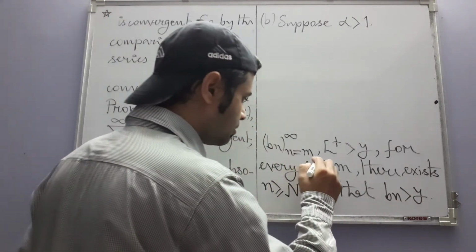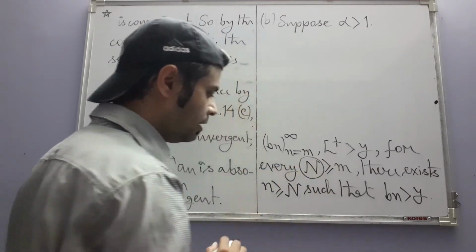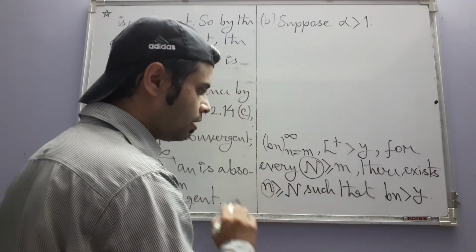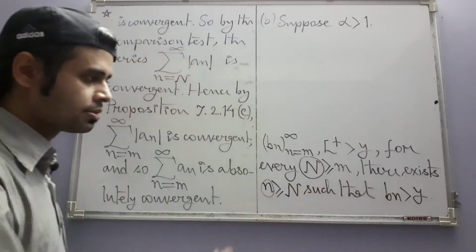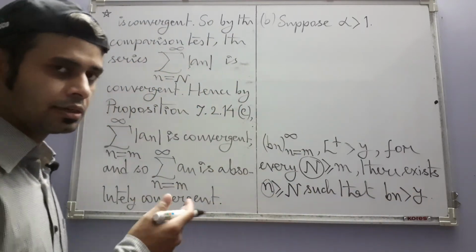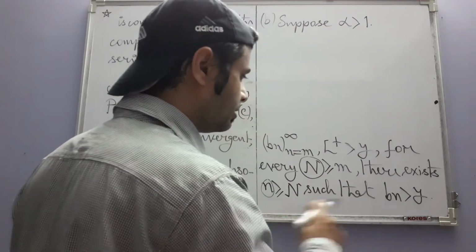That is because for each of your choice of N, you will get a little n for which this exceeding property is true, that Bn exceeds y.